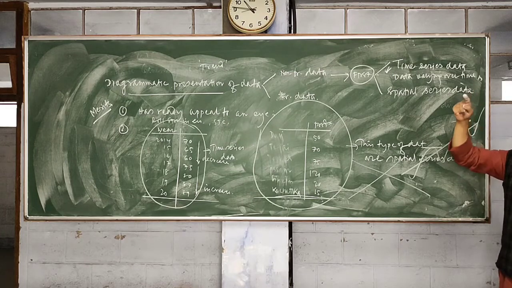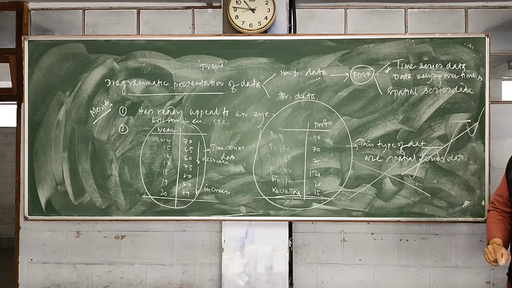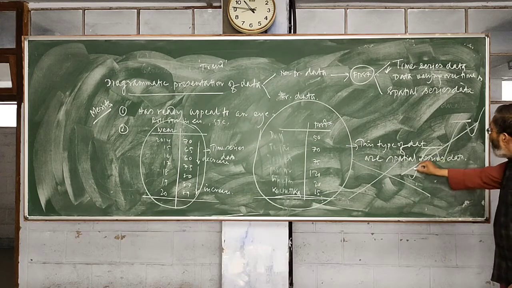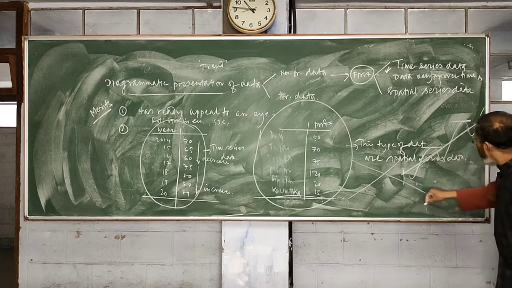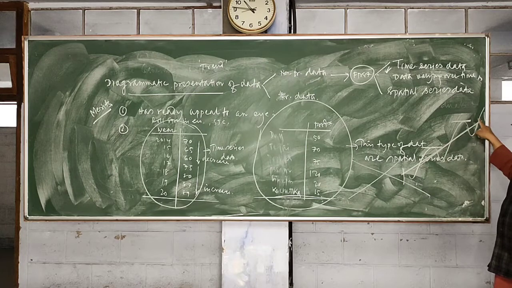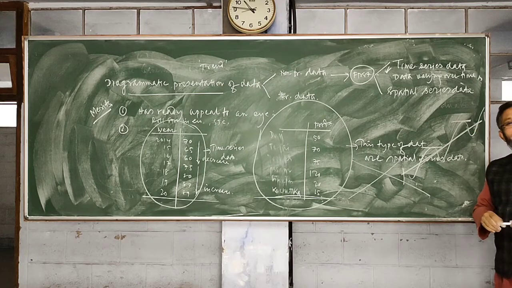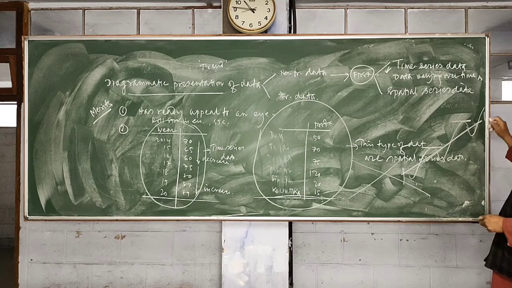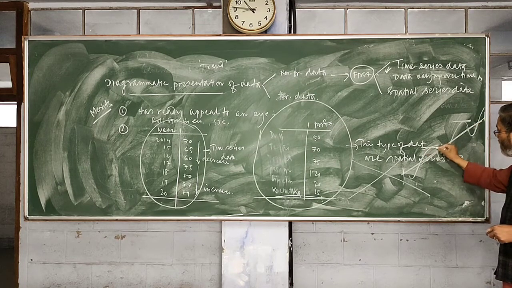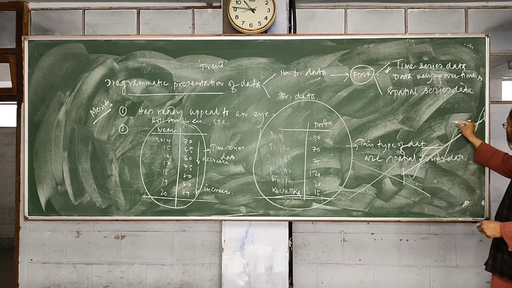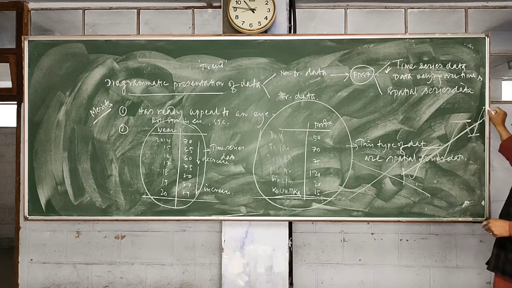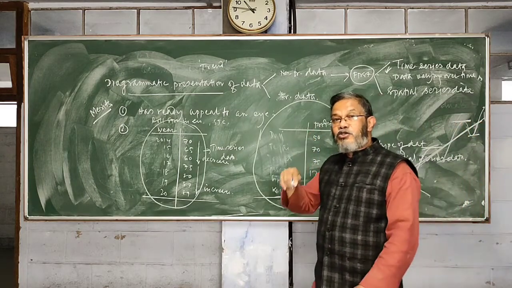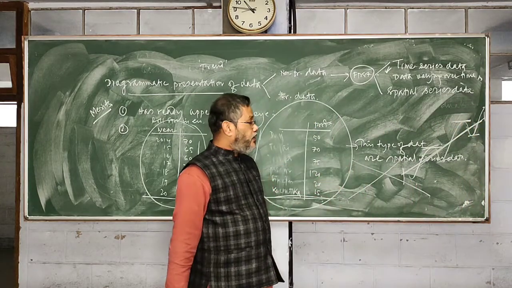This change, increase, decrease, this is called fluctuation. And trend, long term. If I talk about beginning and the end, there is an increasing trend. So, diagrammatic presentation or graphical presentation shows you the long-term trend along with fluctuation. Increases, decreases, increases, decreases. This fluctuation. What kind of fluctuation?